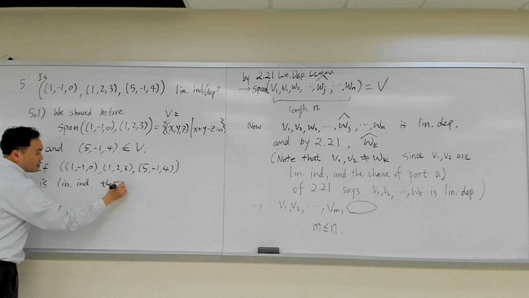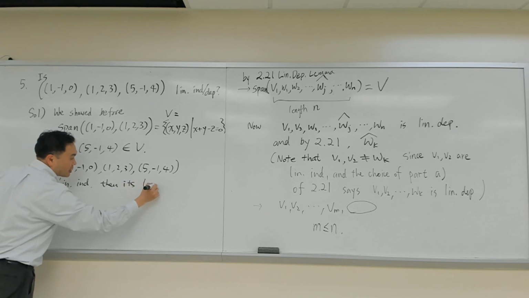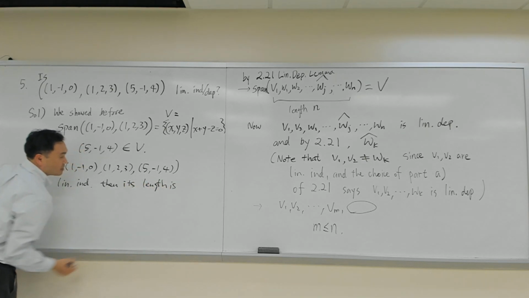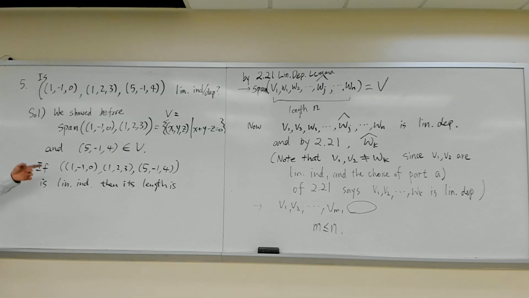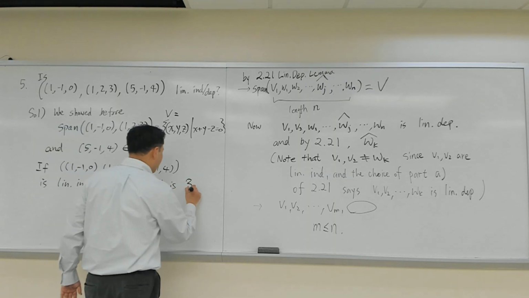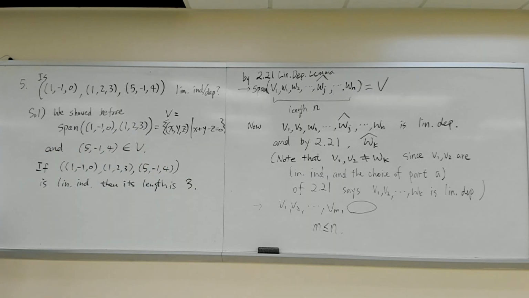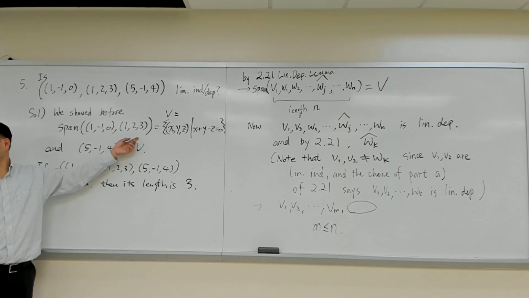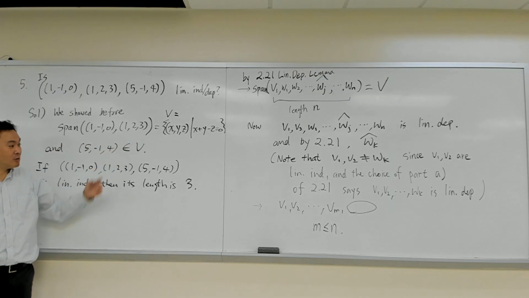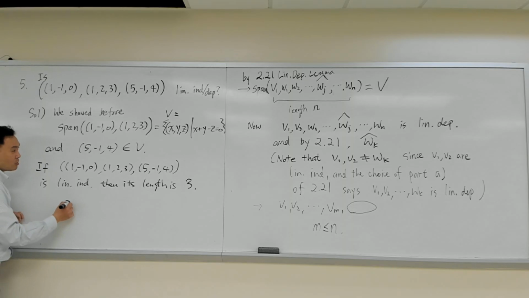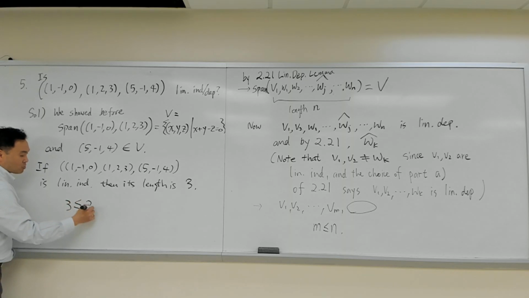then its length is what? What's the length of this linearly independent list? How many vectors do you see? 3. Right? But what's the length of the spanning list? 2. So we have 3 less than or equal to 2, because we have 2 of them.